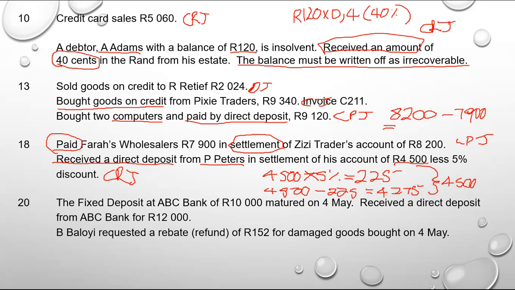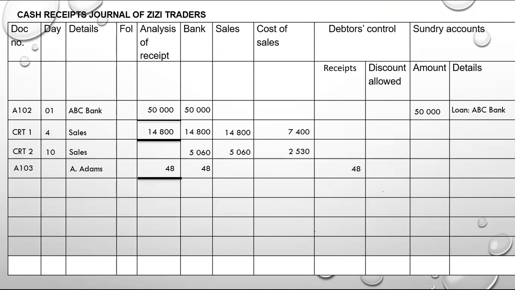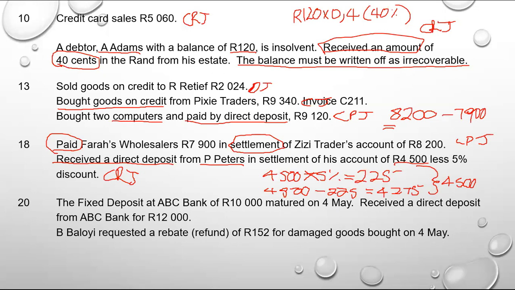We are going to record this in our cash receipts journal. Was it a direct deposit? Let me just check if it was a direct deposit or not. They said it is a direct deposit. Now, since it's a direct deposit, we can't issue a receipt for this one.